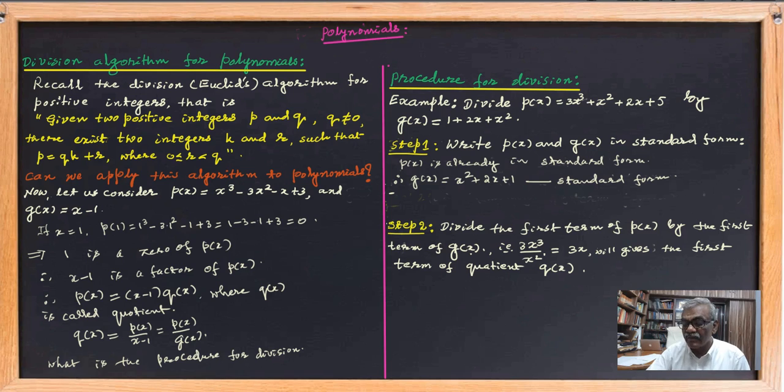step 2: divide the first term of p(x) by the first term of g(x). The first term of p(x) is 3x cube and the first term of g(x) is x square. That will give 3x, the first term of the quotient.